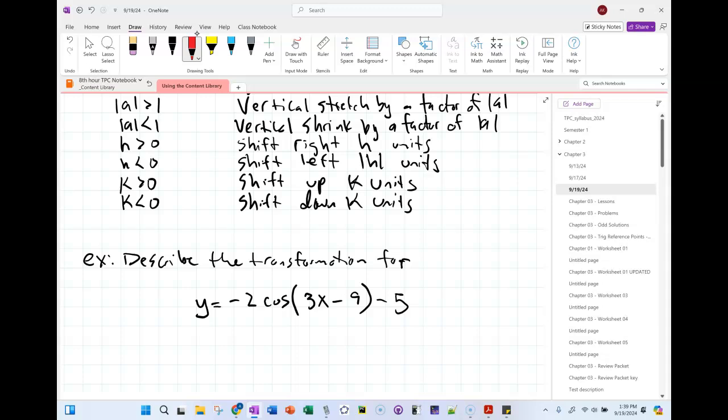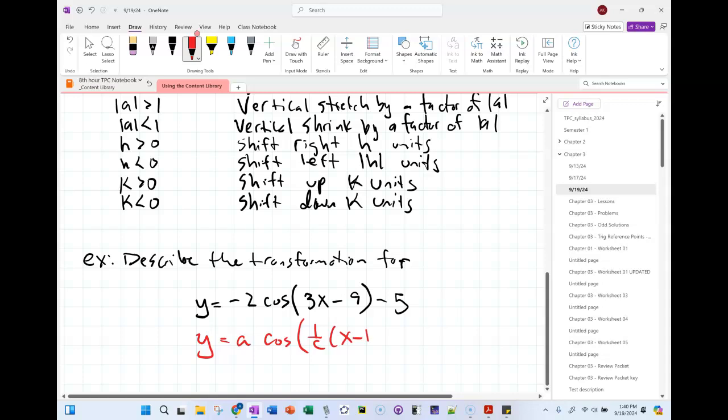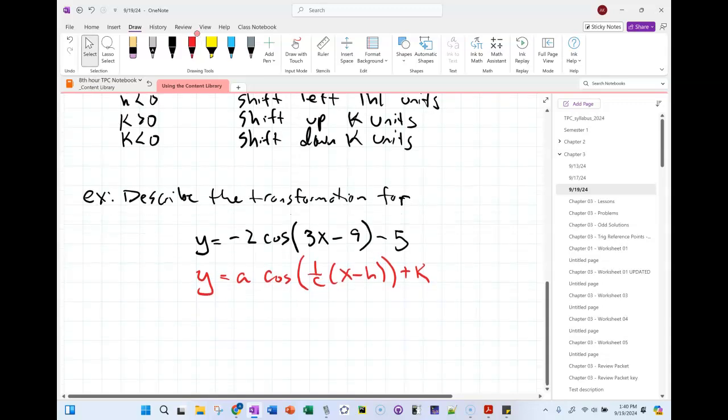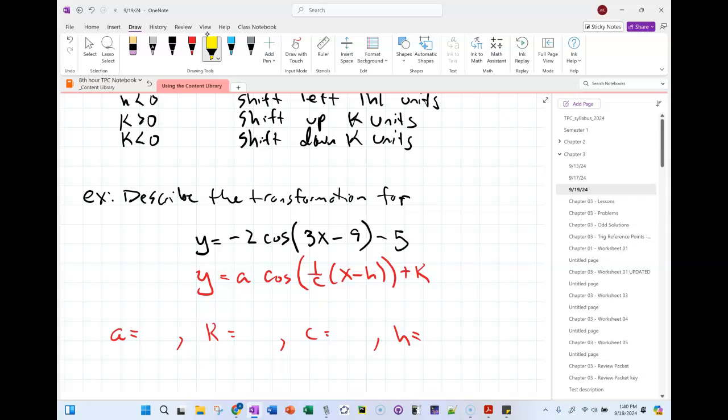First thing I want to do is figure out the values for a, c, h, and k. So usually what I like to do is write that general form underneath my function. That's going to be like my blueprint for picking out my values for a, c, h, and k. My recommendation is that you find a, k, c, h in that order.